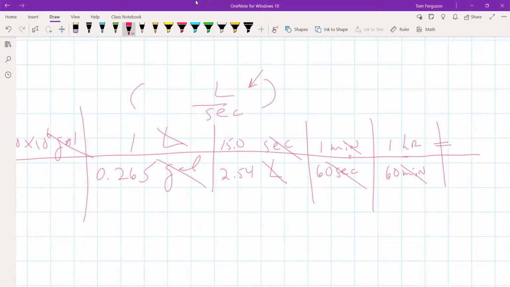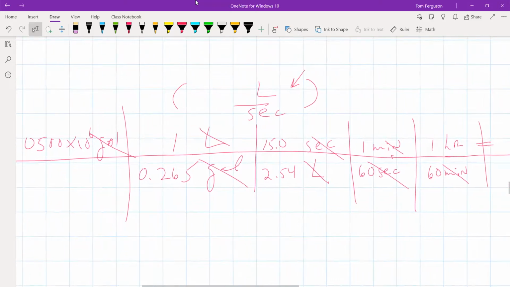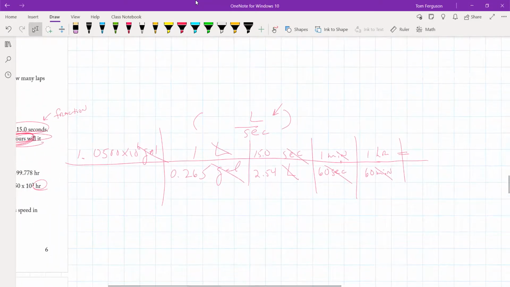So to grind that out now, you're going to take 105 EE6 times 15. That's everything on the top times 1.